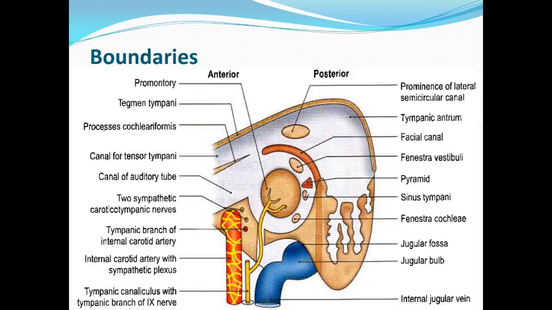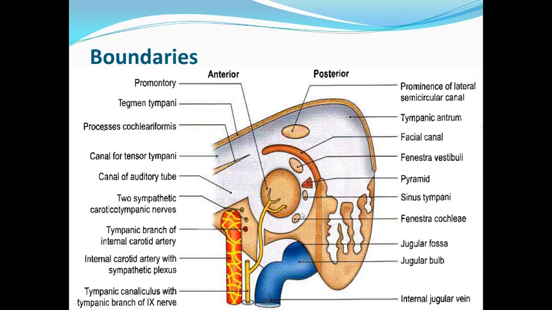Now talking about the second opening, that is the fenestra cochleae. This fenestra cochleae is a more rounded or circular opening, not properly oval. It is a round opening at the bottom of a depression postero-inferior to the promontory, and this rounded opening communicates or opens into the scala tympani of the cochlea.